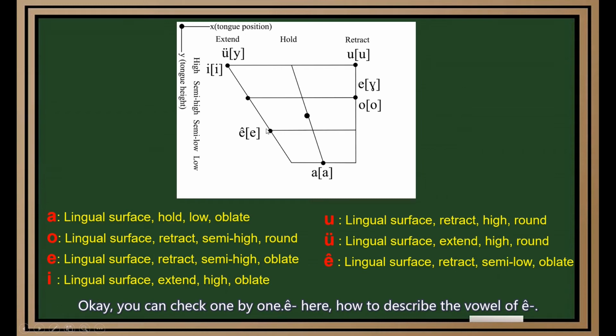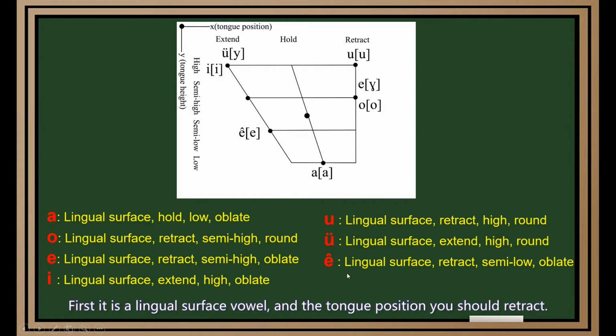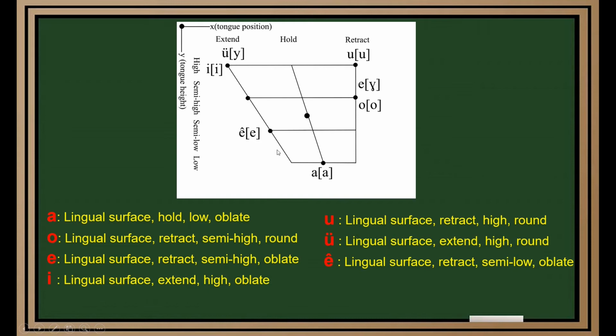Here, how to describe this vowel? First, it is a lingual surface vowel, and the tongue position is central. The tongue height is semi-low, and the mouth shape is oblate.